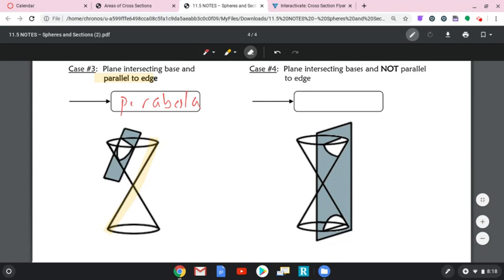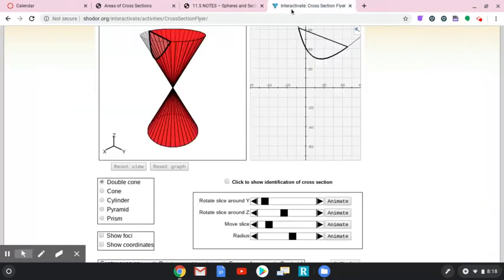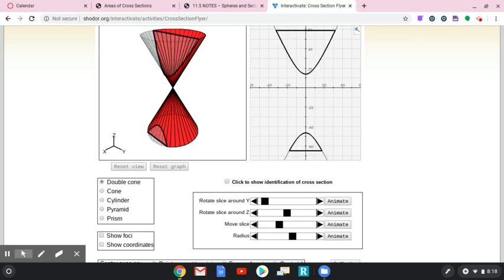Now, the last one we're looking at is a hyperbola. Now, the hyperbola that they talked about, be careful here. It's going to intersect both the top and the bottom. So if you look at that interactive activity, if I keep on moving this over, that's not going to work. Let's go back over here so we can see it. I need to make it so that right there, that plane intersects both of the cones, the top and the bottom.